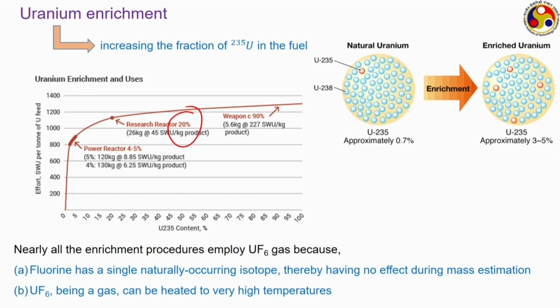There are several ways we can have this enrichment, but almost all of them utilize UF6. The advantage of fluorine is that it has a single naturally occurring isotope. Therefore, whenever we are dealing with UF6, all those enrichment procedures focus on separating uranium 235 and 238, and their chemical properties are virtually the same, because the number of protons in both the isotopes is the same, and it is the number of protons, that is the atomic number, which determines the chemical properties.